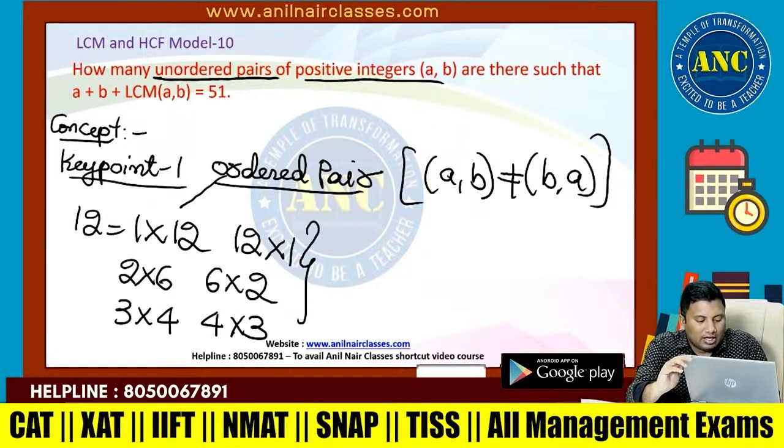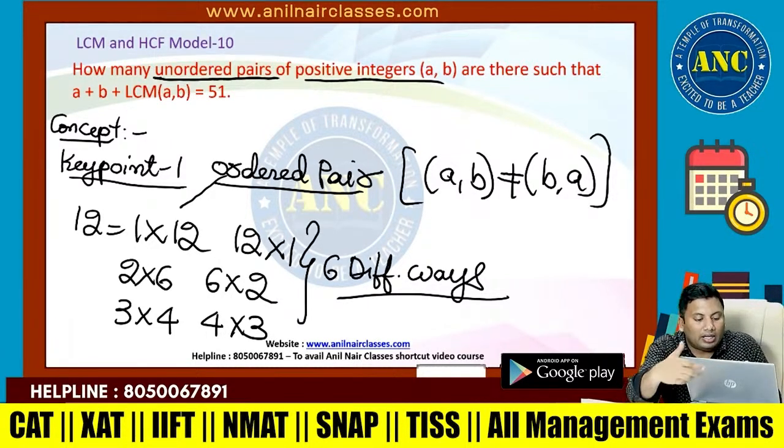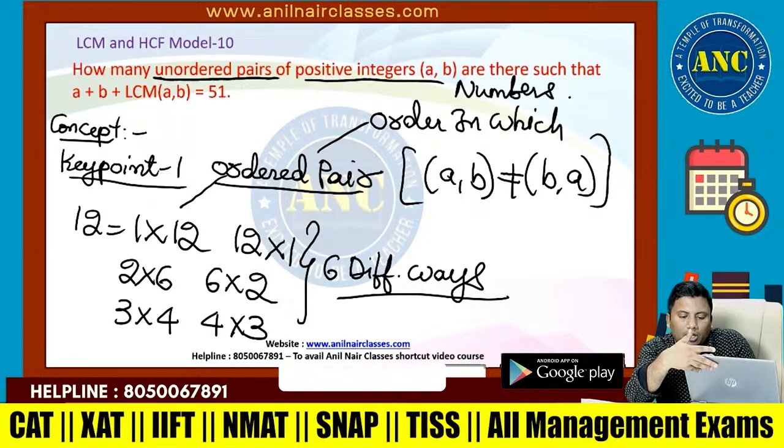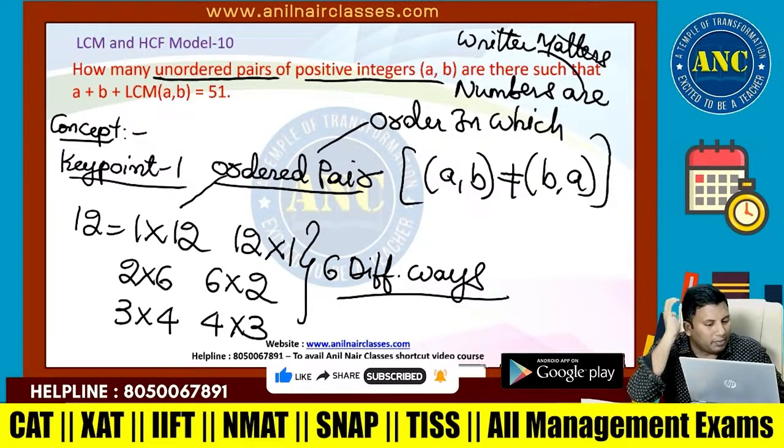All these are 6 different ways. 12 is 1 into 12, 12 into 1, 2 into 6, 6 into 2, 3 into 4, 4 into 3. The order in which you write the numbers matters.